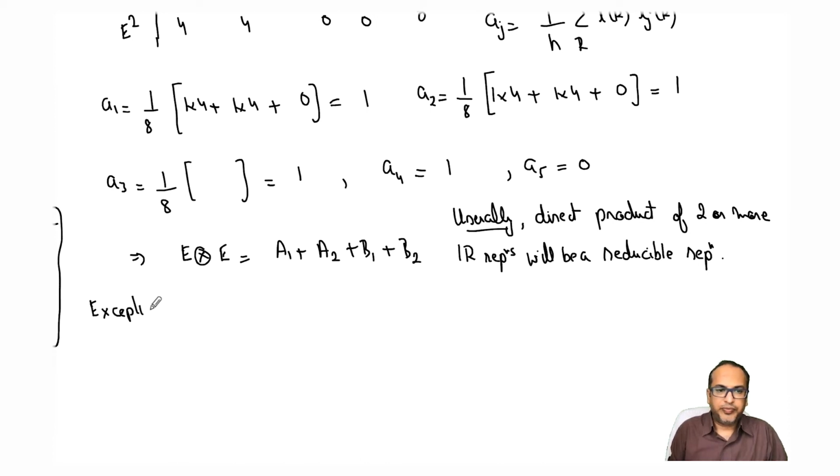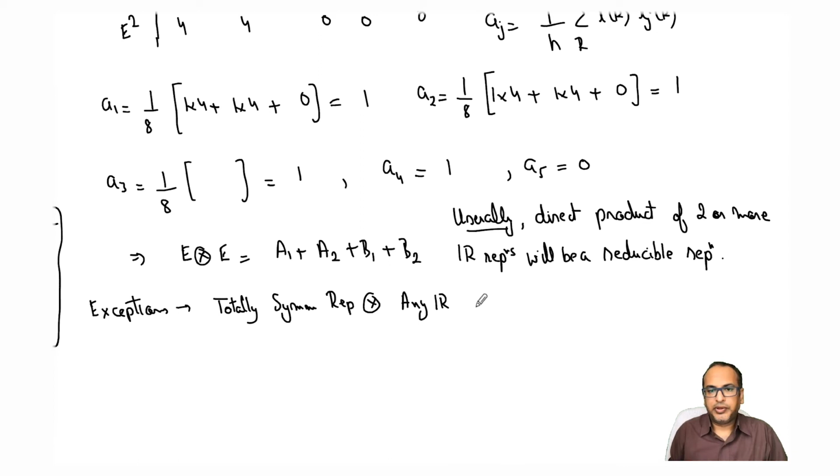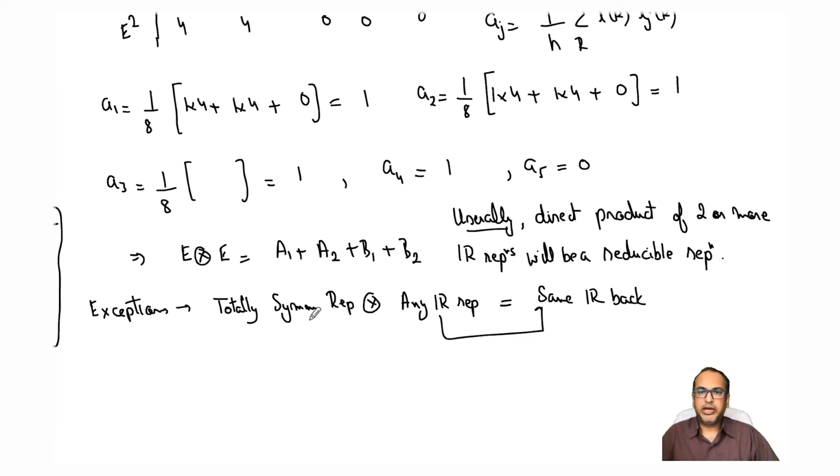The exception is if you are multiplying the totally symmetric representation into any IR, what you will get is that same IR back. Because the totally symmetric representation is all ones, multiplying anything with all ones will not change anything, and you will get the same IR back. That is very easy to see.